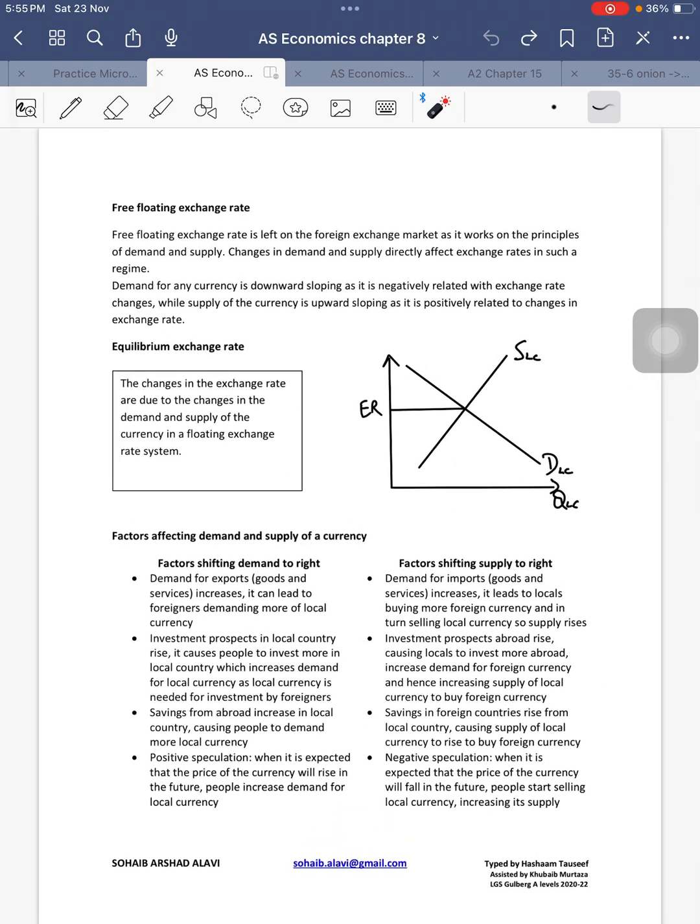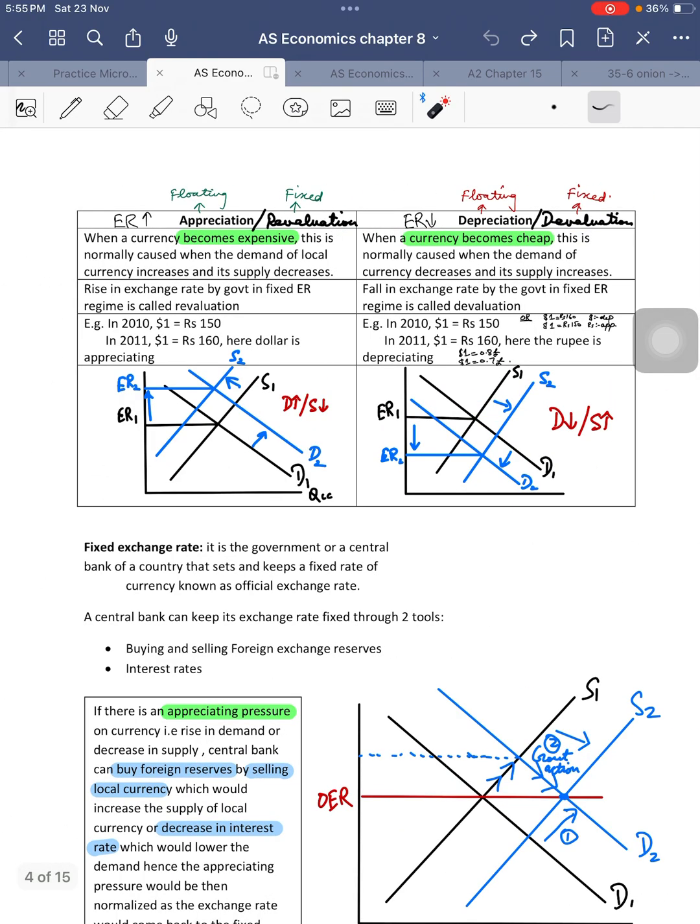Now, remember, when we talk about a free float exchange rate, there are two types of movement that can result. The first type of movement is known as appreciation.